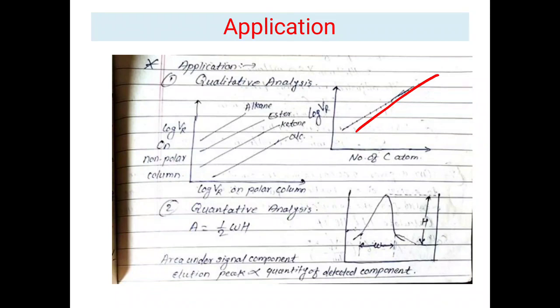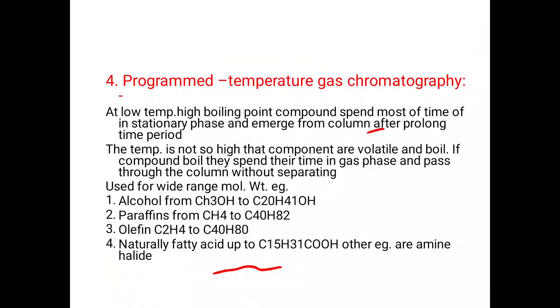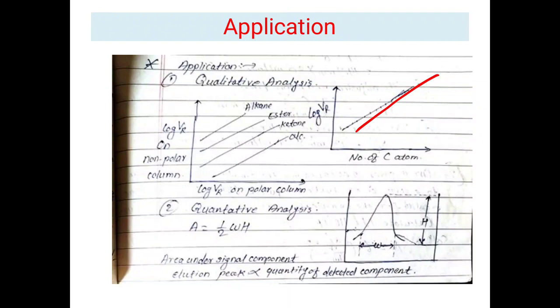The area under the signal, that is the elution peak, is directly proportional to the quantity of the detected component. We find the area under the peak as area equals 1/2 W times H, where W is the width of the peak and H is the height of the peak.